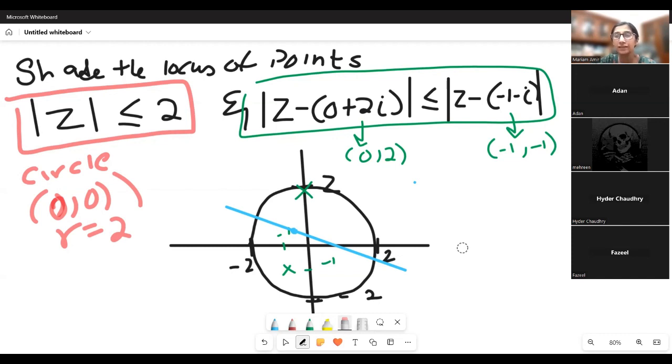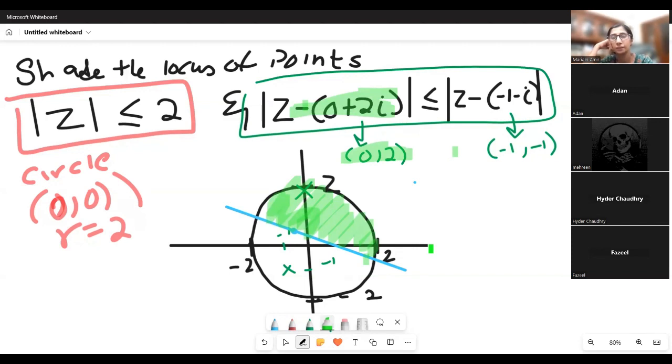First one is less than equals to 2. So you have to shade the region inside the circle. For the second one, you have to shade that side of the perpendicular bisector which is with the less than side, which is with (0, 2). So you have to shade that part of the perpendicular bisector which is here and also inside the circle.